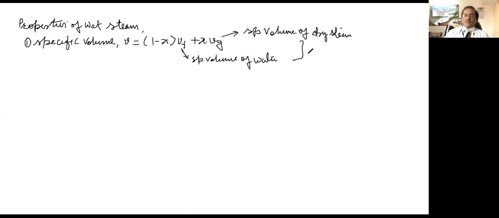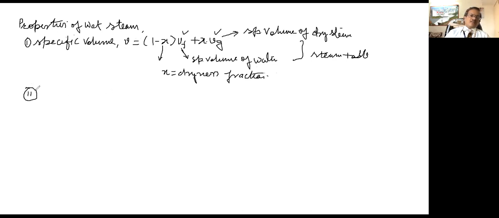These two can be taken from the steam table. So at any pressure, if the value of Vf and Vg are known from the steam table, and we also know x, which is called the dryness fraction, also sometimes called the quality of steam, then we can easily calculate the specific volume for the wet steam.